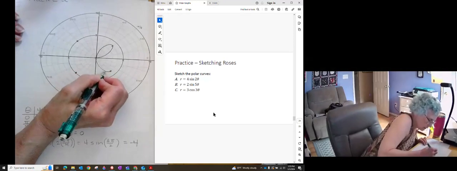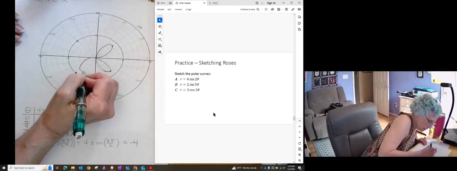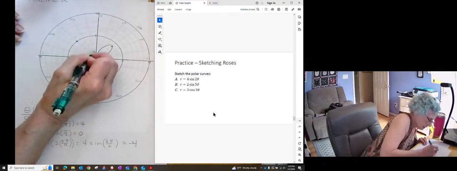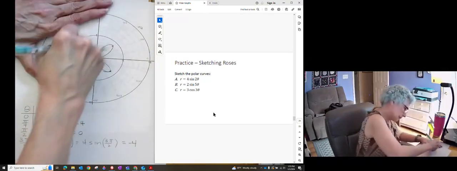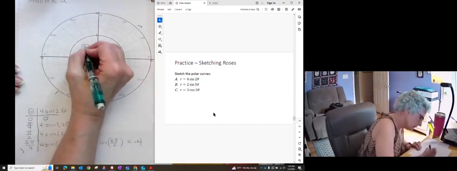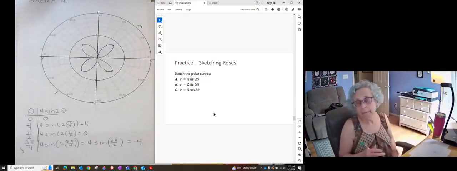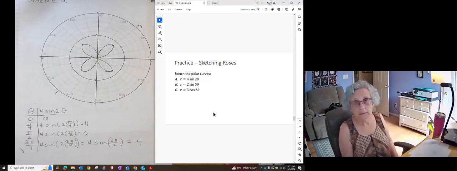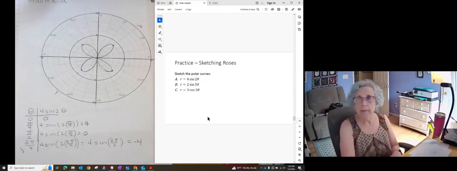It should be at 4s, not 5s. I plotted 5s instead of 4s. And the pretty picture is something like that. They don't have to be perfect, they just have to have the right number of petals in the right locations. So try B and C on your own.